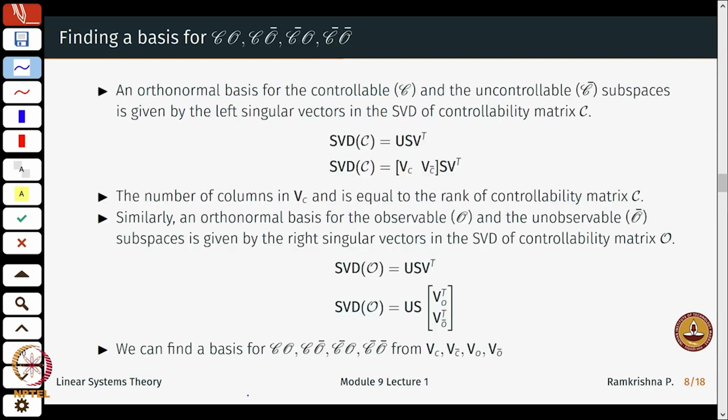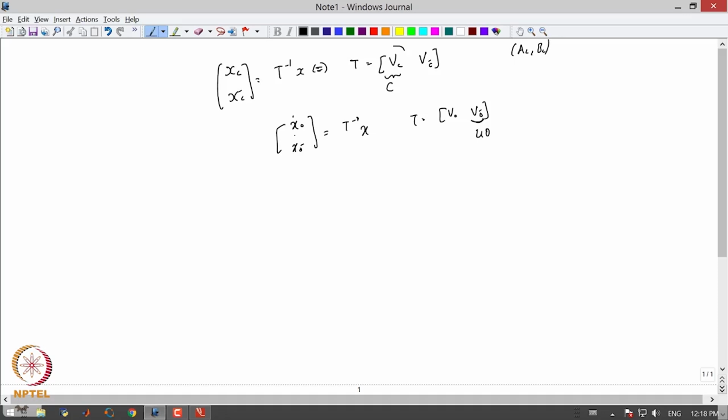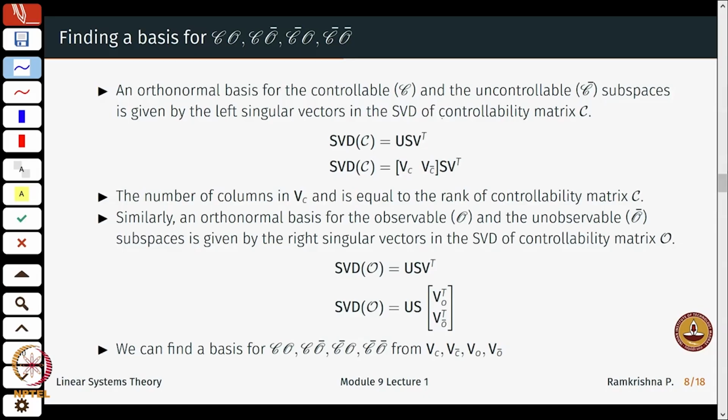Okay. So the other way of looking at how to arrive at this VC and VO bar is also via the singular value decomposition. So I take the controllability matrix, and I try to find an orthonormal basis for the controllable and the uncontrollable subspace, and this is given by the left singular vectors in the SVD of the controllability matrix.